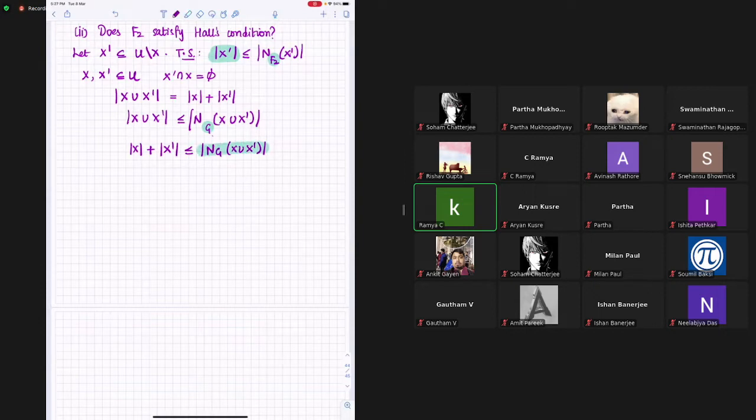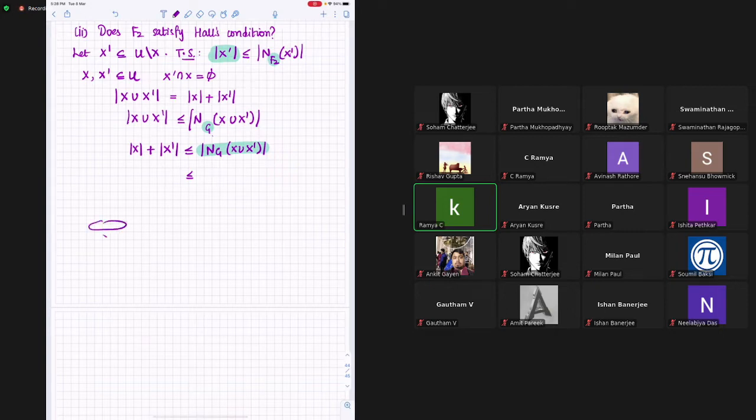What is it? So we have the set X, we have the set X prime, and we have the neighbors. Both the intersections are empty, we know that. But it could be that X prime has some neighbors in G that are neighbors of those in X also. So they could have common neighbors.